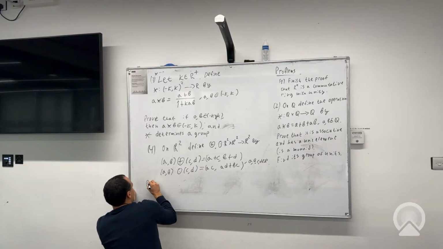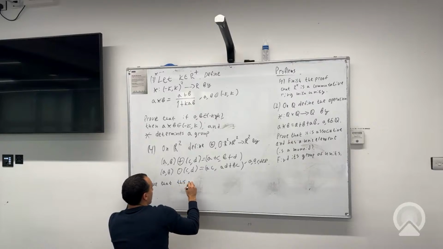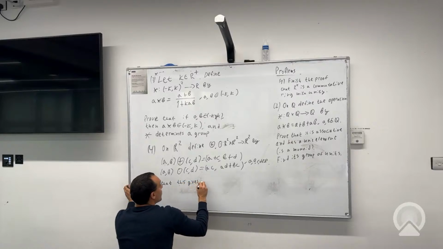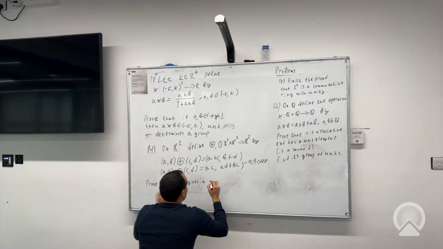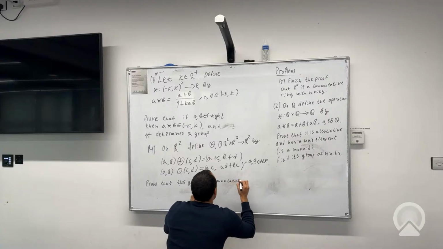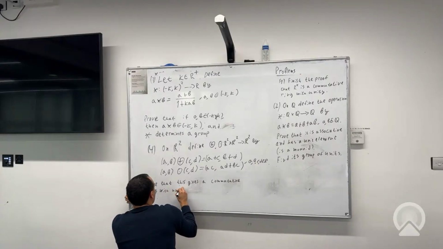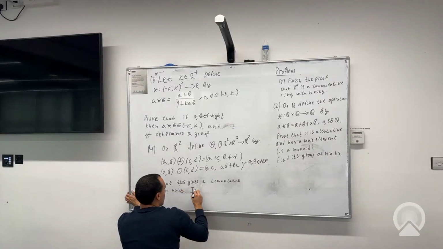And this is a ring. Our commutative ring is, tell me whether it is a field.